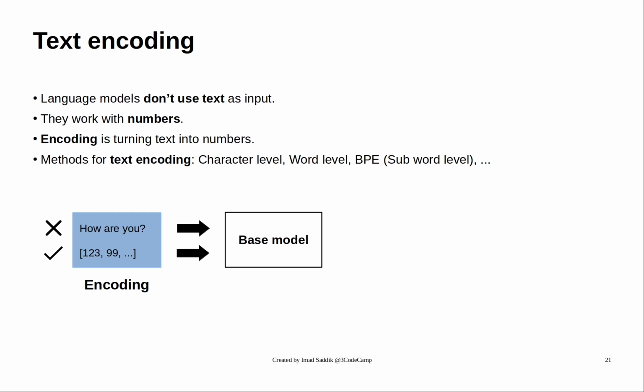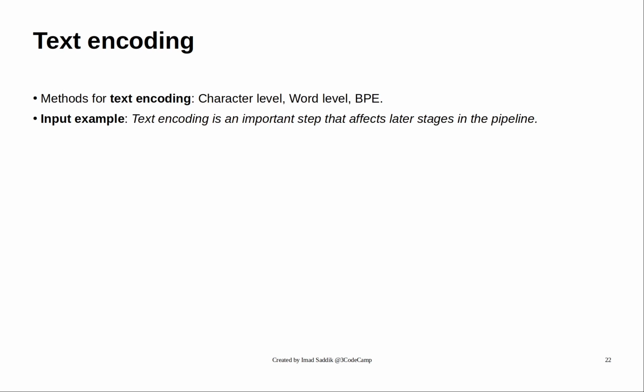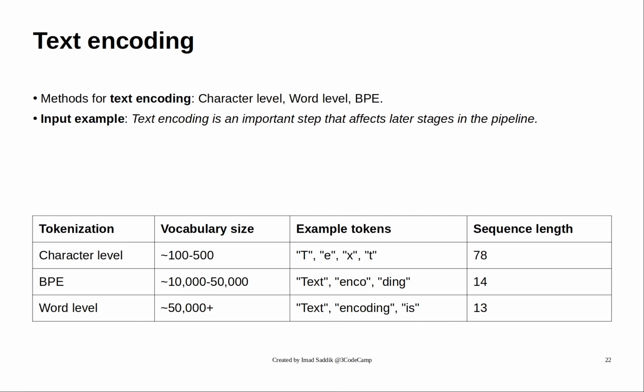We have character level encoding, word level encoding, and byte pair encoding. Let's compare these methods. I will use this sentence as an example. Here is a table that summarizes the comparison between the three methods. Let's start with the sequence length.